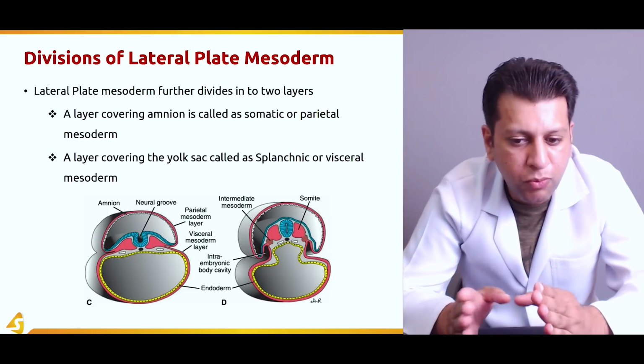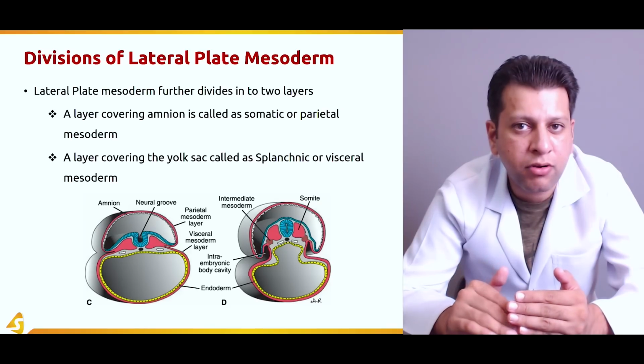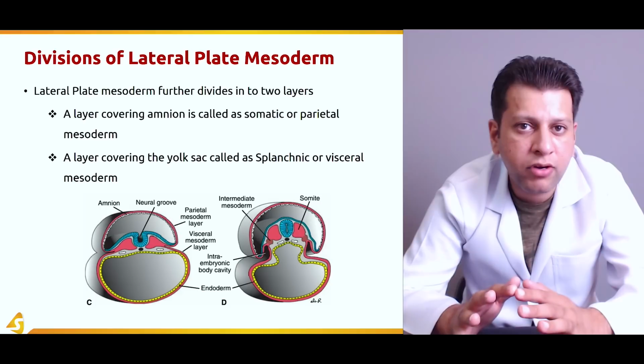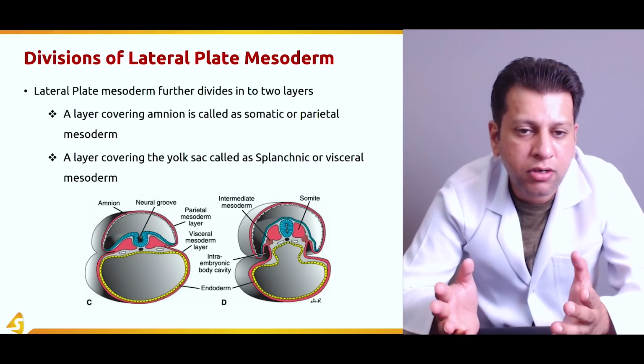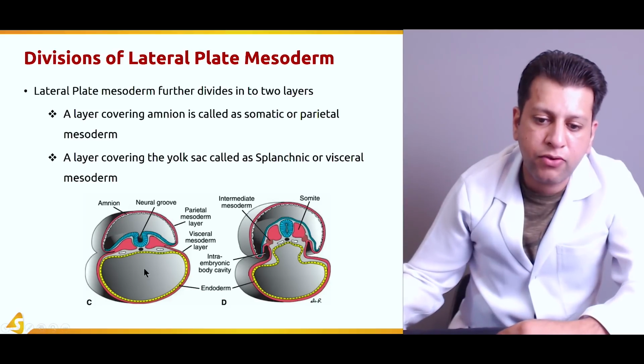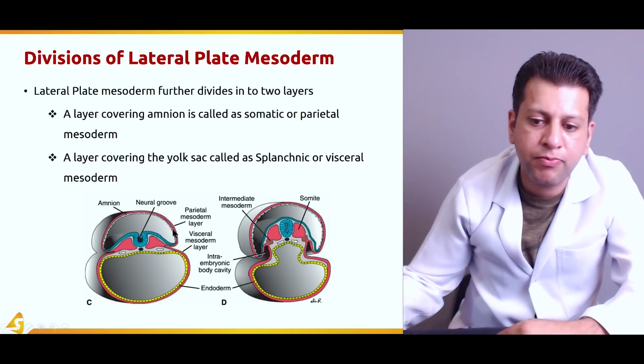In this, one has to remember that endoderm is forming the roof of the yolk sac. Endoderm will give rise to mainly the epithelial layers of the major organs. If you see it over here, this is the amniotic cavity, and the layer surrounding this amniotic cavity is the parietal mesoderm, as it is written over here.